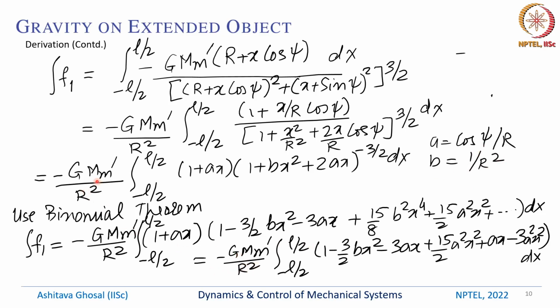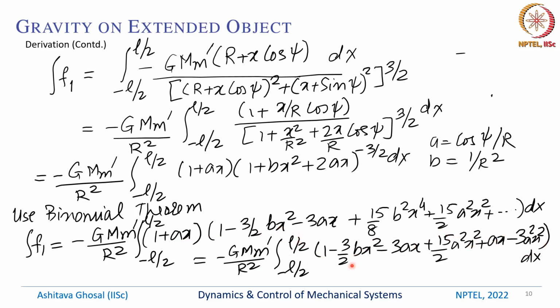So essentially what we get is this: integral F1 is minus g m prime by r square, integral from minus L by 2 to plus L by 2, because L is the length of the extended object, and then we multiply these two and again keep only the terms up to square.